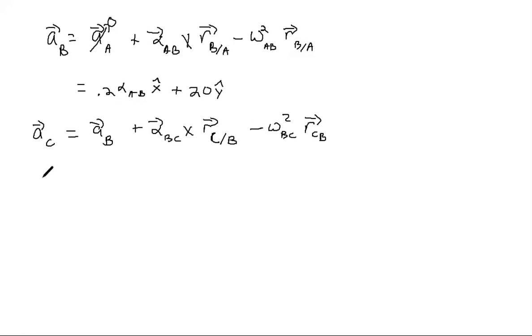So I'm just going to plug this all in and solve for things. I know that C was the collar that could slide up and down, so it can only be in the y direction. In fact, I know that it was -1 meter per second squared in the y direction. So I can write this as 0 x hat minus 1 y hat equals the acceleration of B. I just plug in this formula. I don't have anything better than this formula.